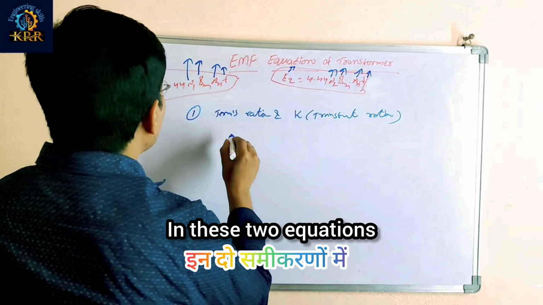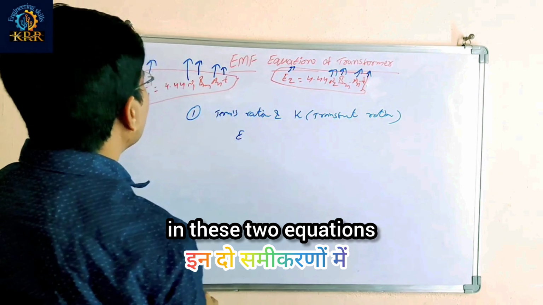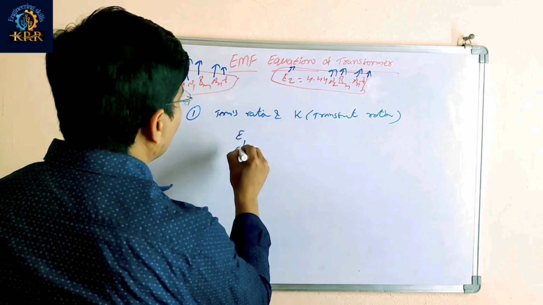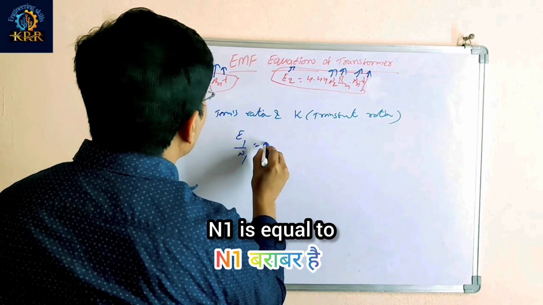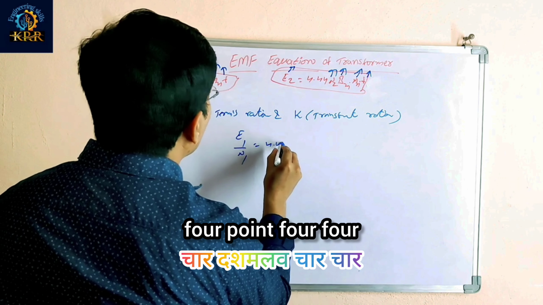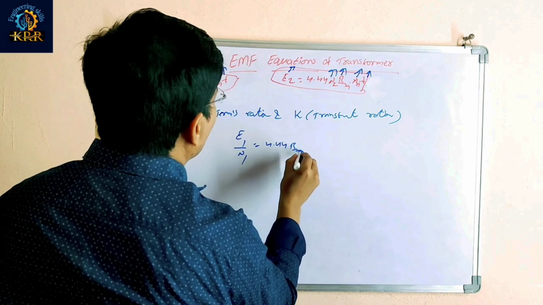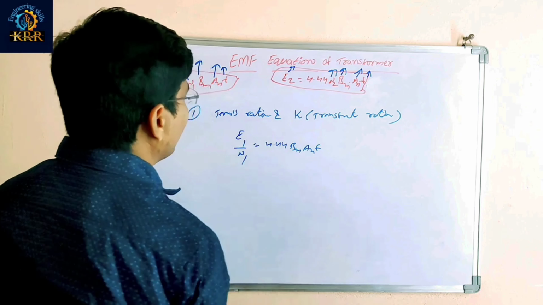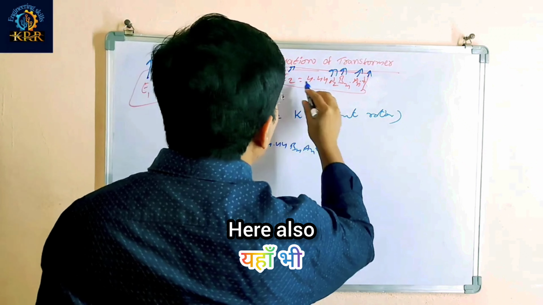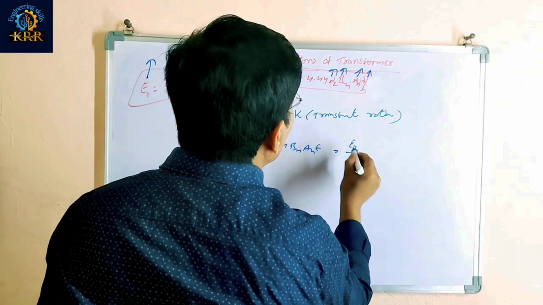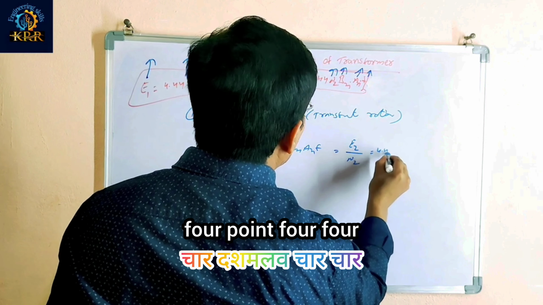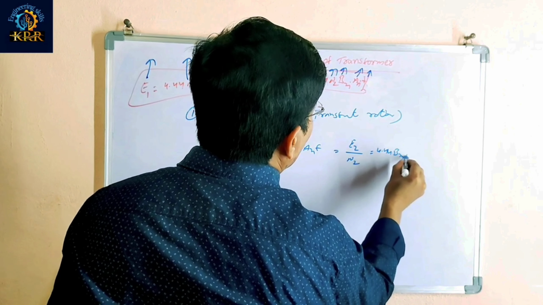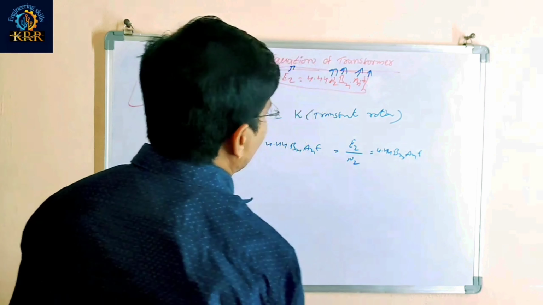In these two equations, E1 by N1 is equal to 4.44 Bm An F. Here also E2 by N2 is equal to 4.44 Bm An F.